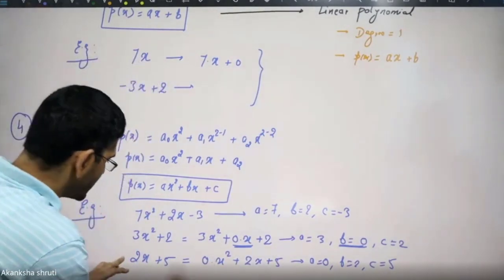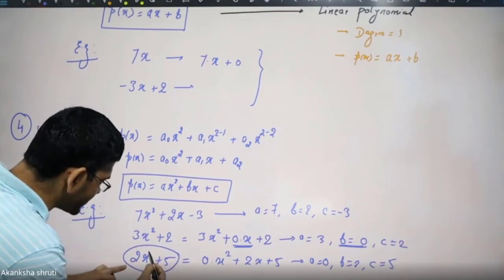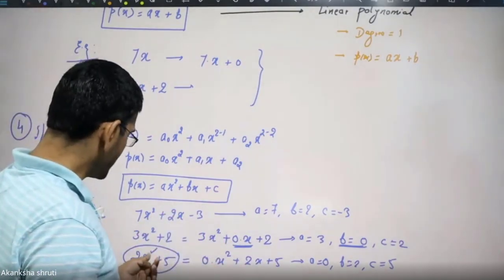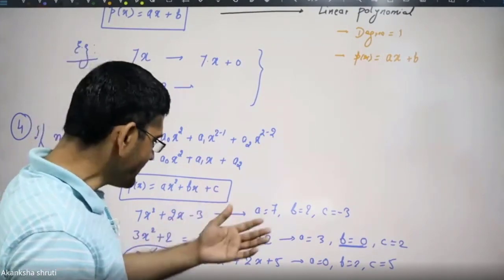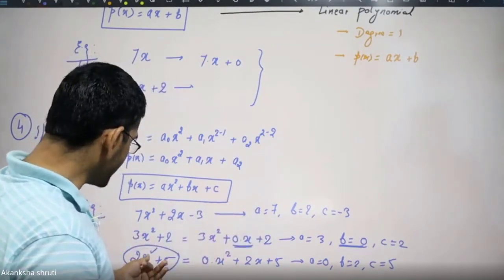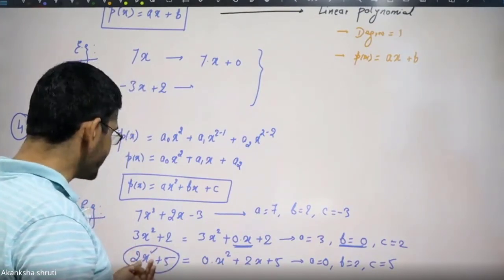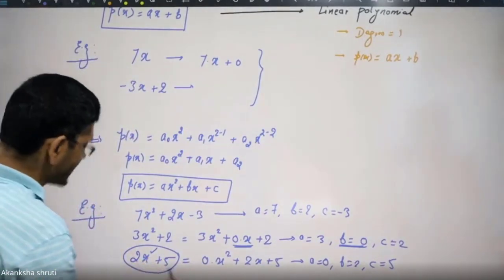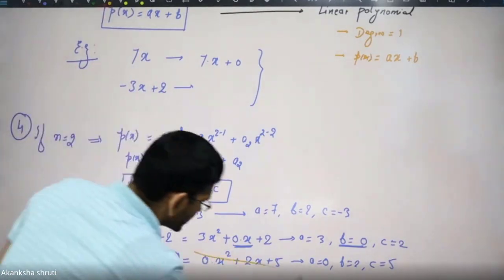Because the highest power of x present in this is 1 only. The lower degree term may be missing, but the highest degree term cannot be increased beyond whatever is given in the expression or polynomial itself. So student, you have to write this and you have to cut it.